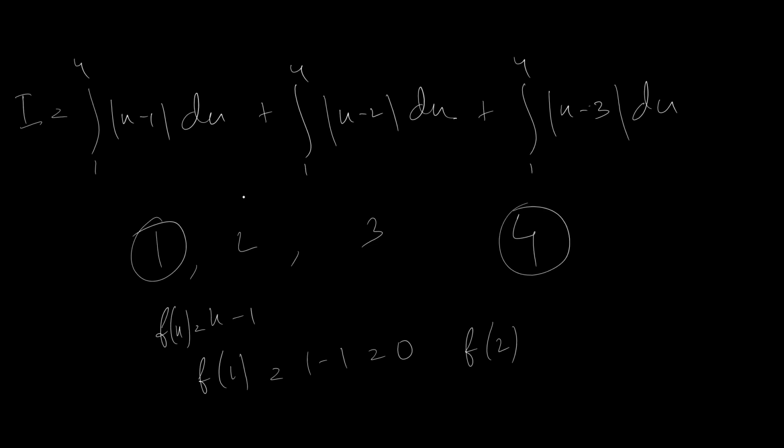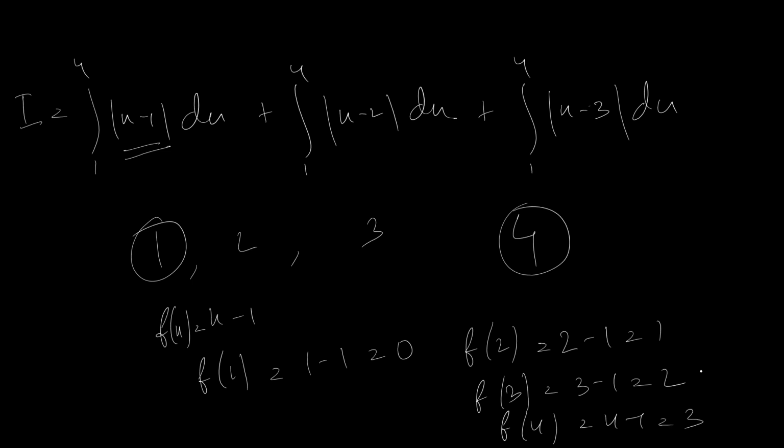From 1 to 4, this function x minus 1 is always positive. If I give x value 2, 2 minus 1 is 1, positive. x value 3, 3 minus 1, 2, positive. x value 4, 4 minus 1, 3. These are all positive values, and this is 0.